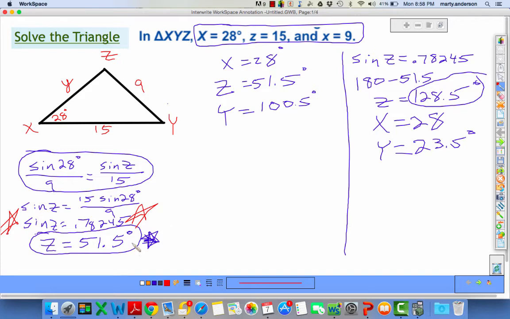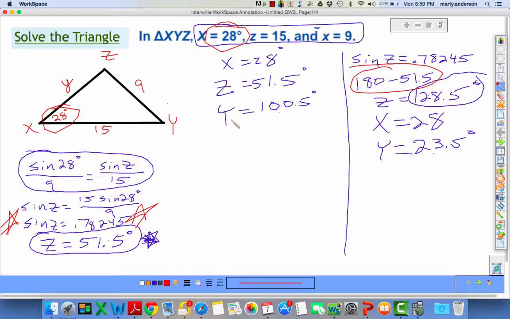One of them is 51.5. The other one is 180 minus 51.5. And now you take your given angle, 28, and check. 51.5 and 28, obviously I get a third angle. 128.5 and 28, I could get a third angle. That's where you determine, can I have another triangle?